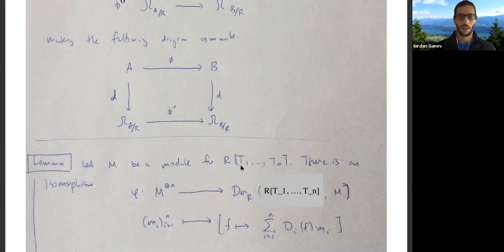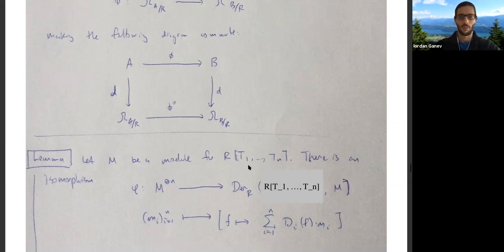And maybe in some sense this is clear from the fact that I said before that derivations are a free module with basis given by the partial derivatives, but it's useful in terms of computing things to have a more explicit form for this. So how does this work?